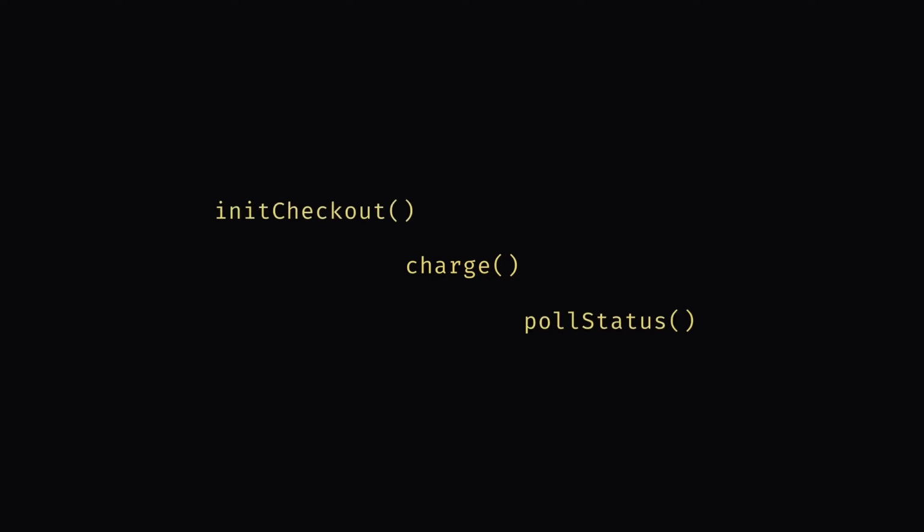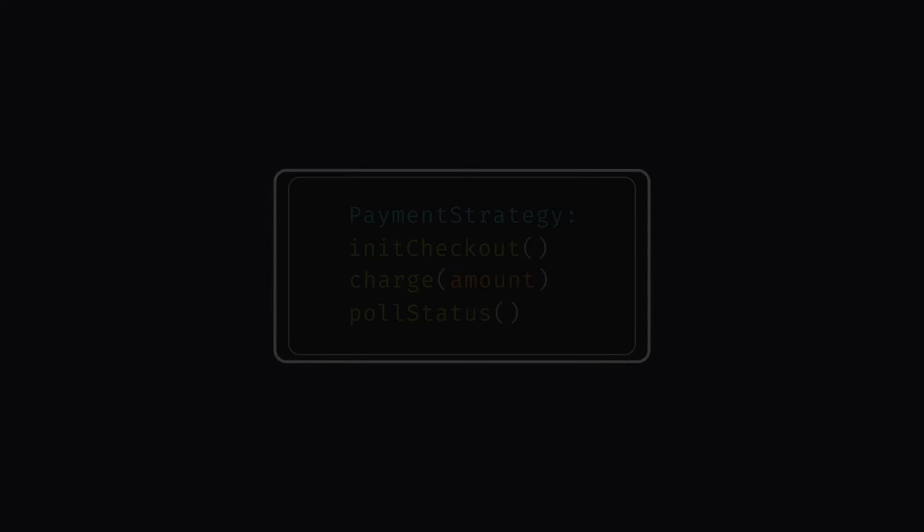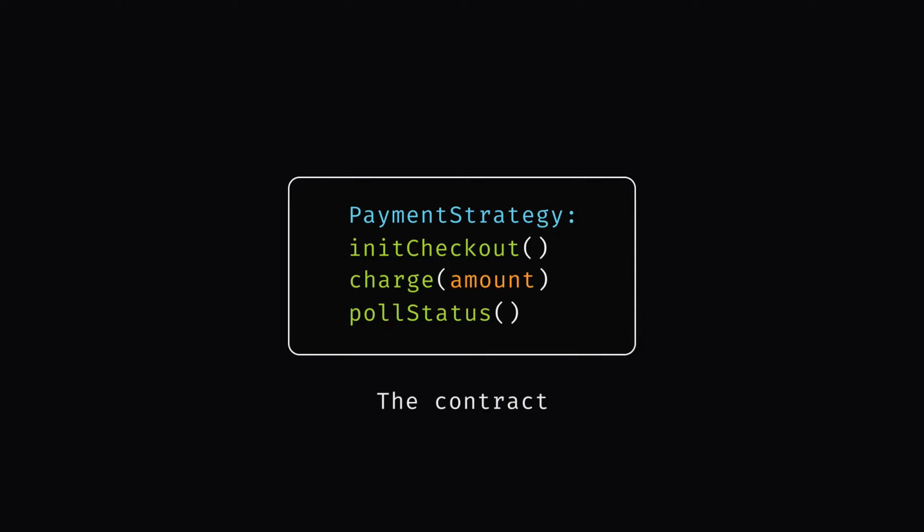And here comes the strategy pattern. A strategy pattern's most important thing is abstracting all of this into an interface. An interface is basically just a contract. It says that anything which must call itself a payment strategy must have an init checkout method, a charge method, and a poll status.